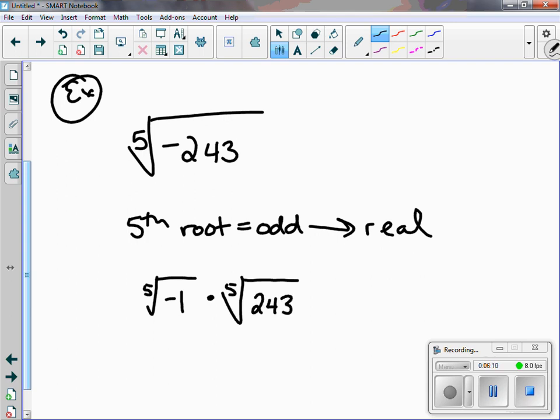We've dealt with the splitting before when we were simplifying our radicals. The fifth root of negative 1 is going to be negative 1. When you have a negative underneath the radical and it's an odd root, that just means it's going to be a negative number. Now we need to look at the fifth root of 243.